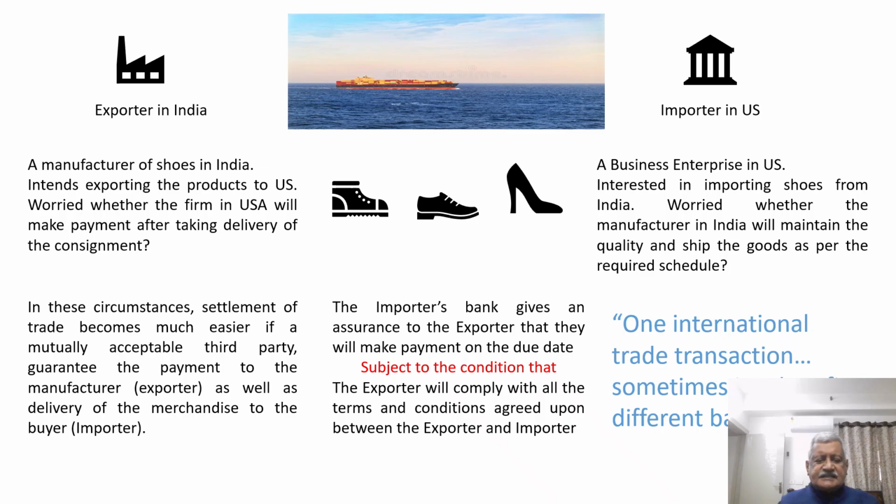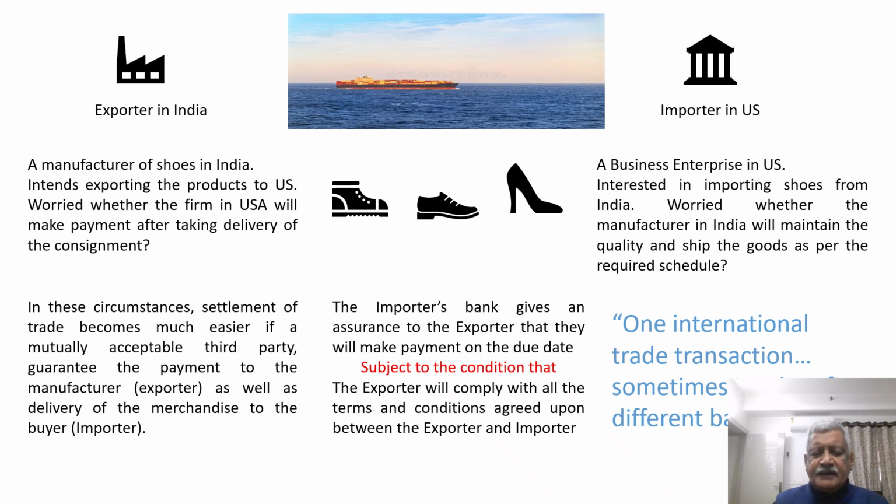In these circumstances, settlement of trade becomes much easier if a mutually acceptable third party guarantees the payment to the manufacturer, that is the exporter, as well as delivery of the merchandise to the buyer, the importer.